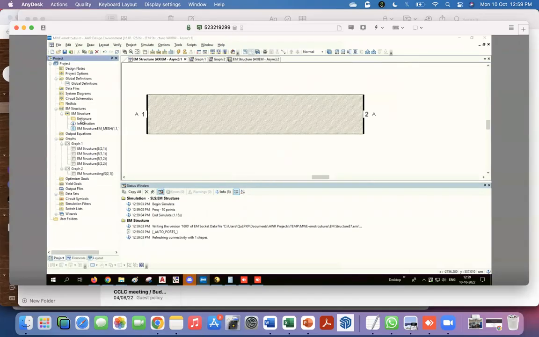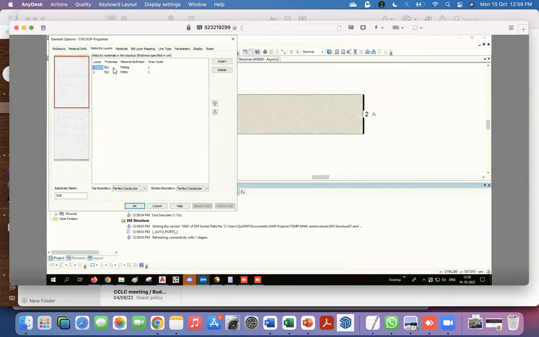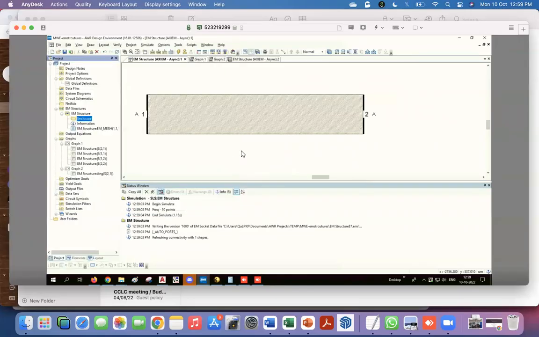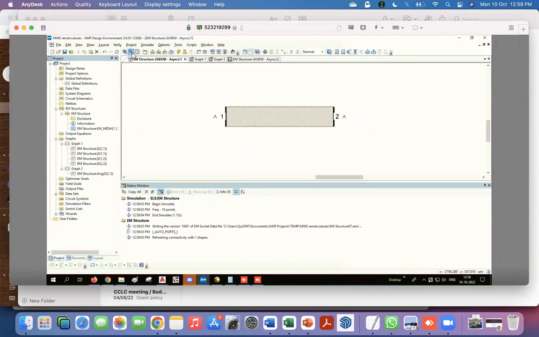Now we go back to the single-ended substrate and show you how to do CPW. This is again something specific to AWR's Microwave Office, how it does CPW. So CPW basically means you need another ground plane on either side.